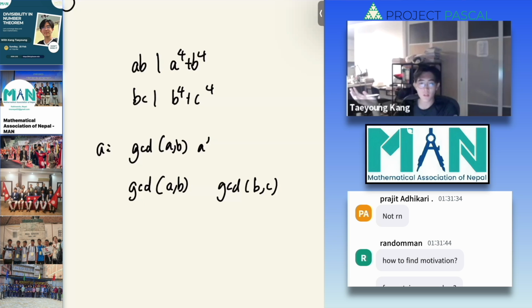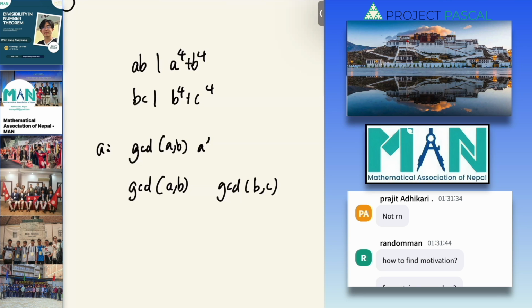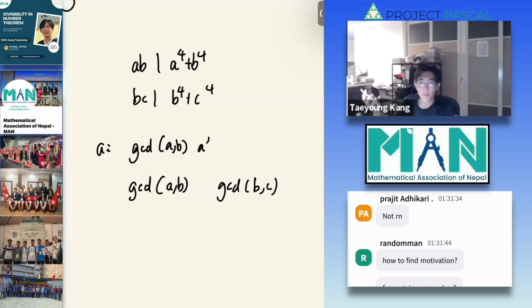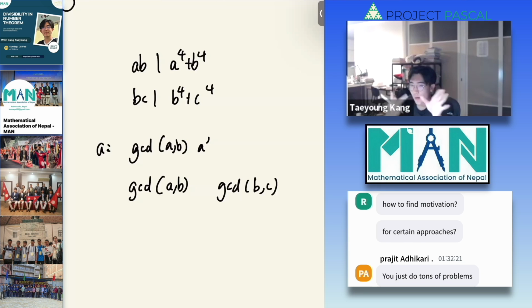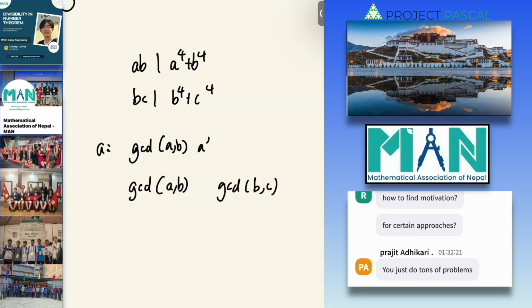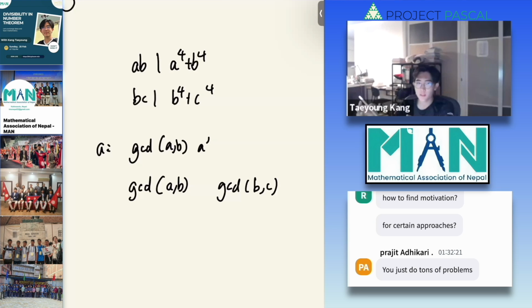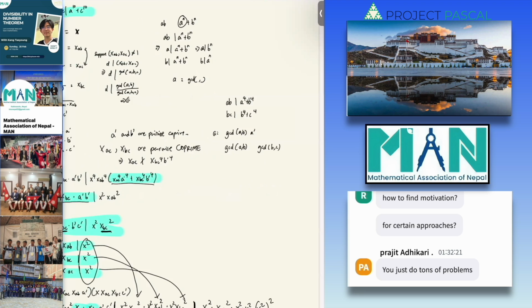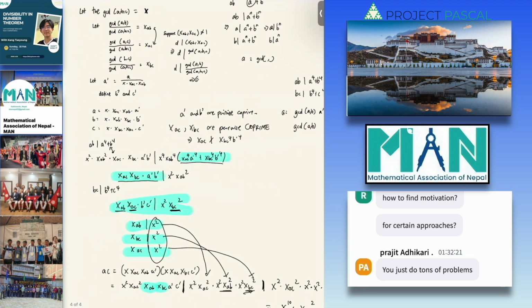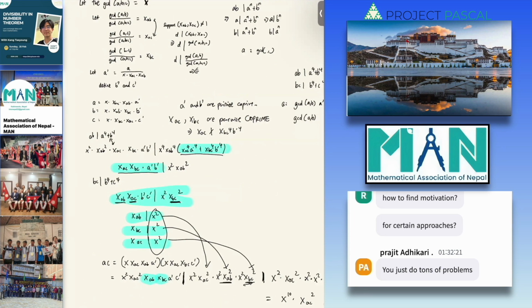They can share a common factor. And that is problematic because we want to be able to express A, B, and C as a combination of coprime factors. It's the whole point of using GCD in the first place. So if there is some shared factor between the two GCDs, it defeats the purpose of using GCD in the first place. Yeah, then that makes sense. If I see a similar problem, I'll probably approach it this way.